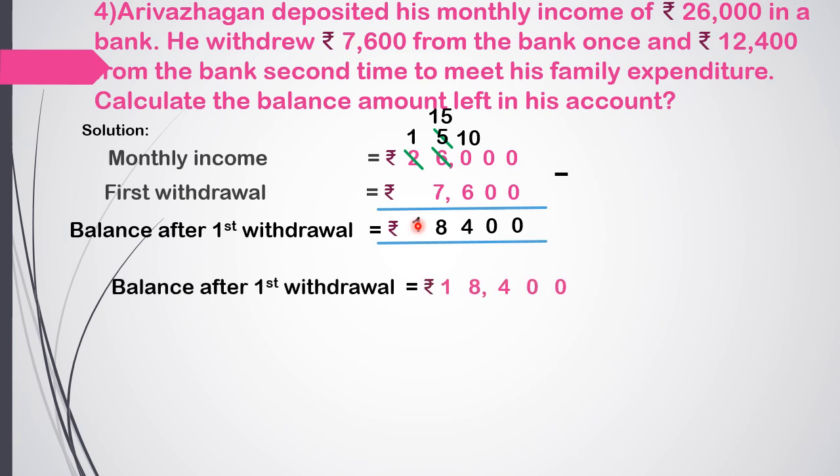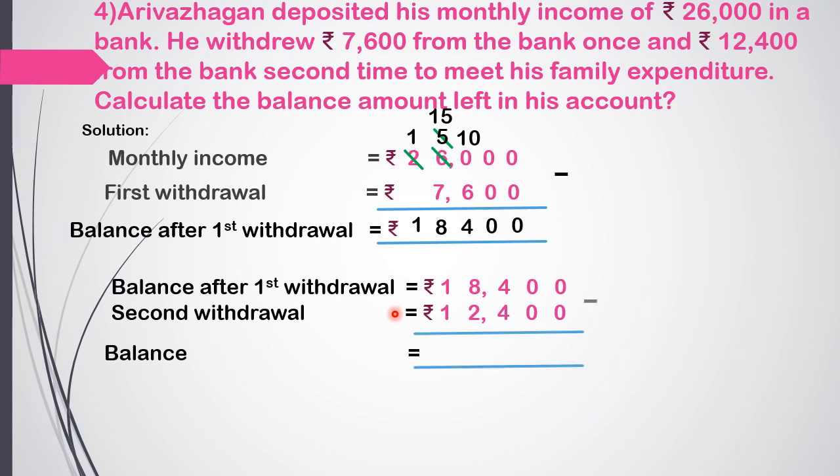So now we are going to find the balance after the second withdrawal. The balance after the first withdrawal is 18,400. Again Arivalagan has taken rupees 12,400 from his account, isn't it? So we are going to subtract 12,400.